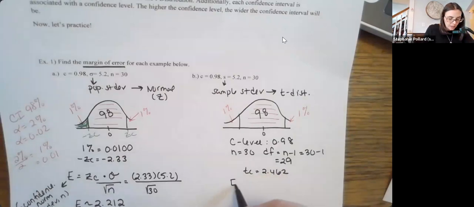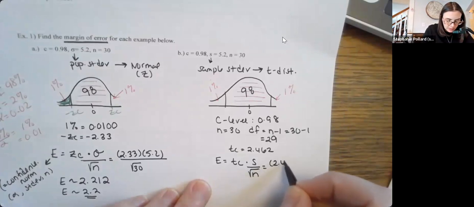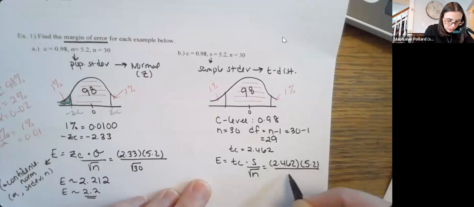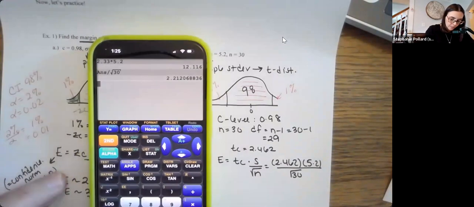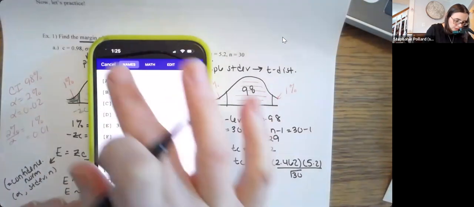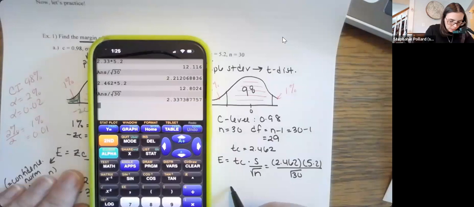Otherwise, it's going to be the same formula. It's going to be my critical t value times my standard deviation, but I'll use the sample version here. So I have 2.462 multiplied by 5.2 over the square root of 30. And I get about 2.337.